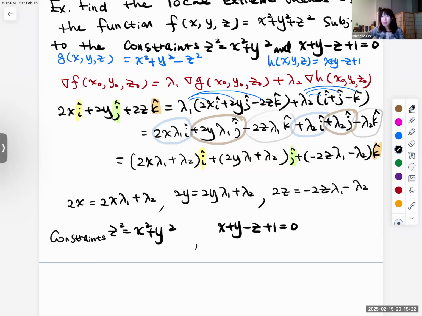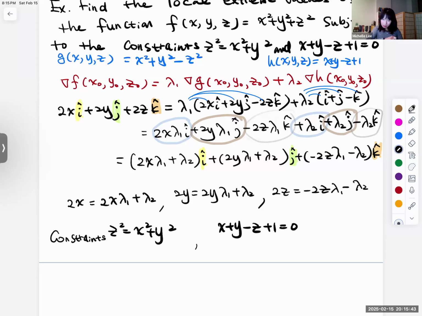All right, so what we have to do next? Okay, lambda 2.